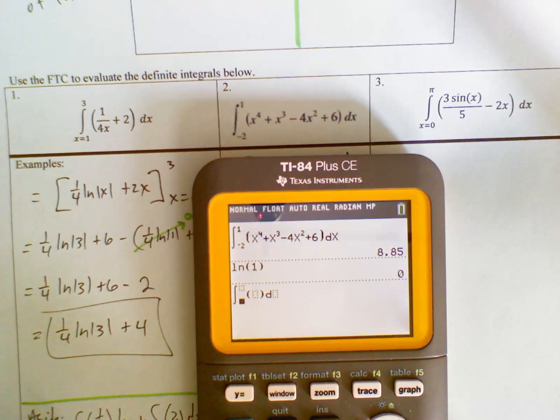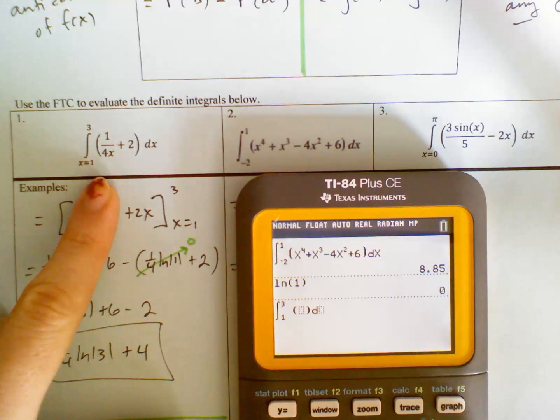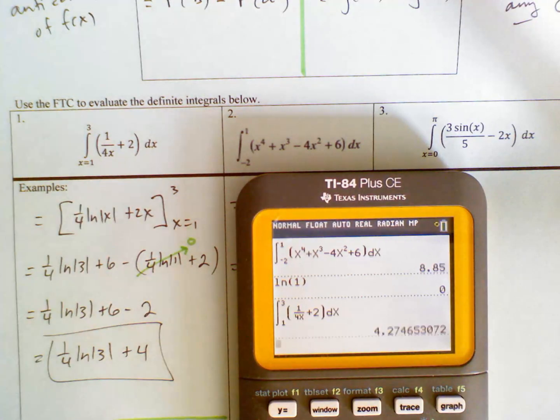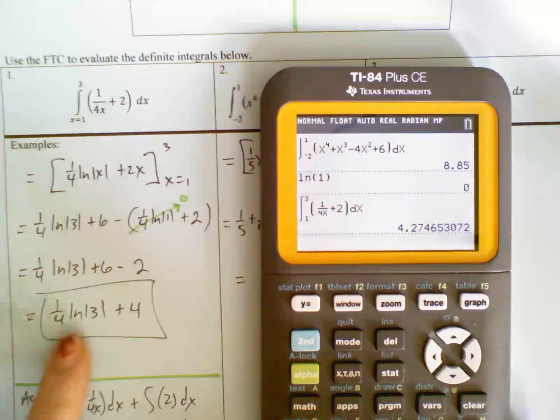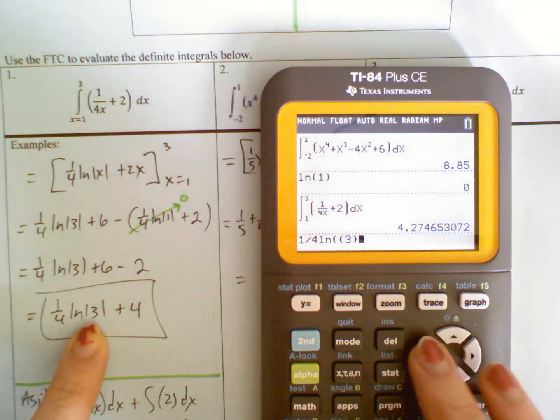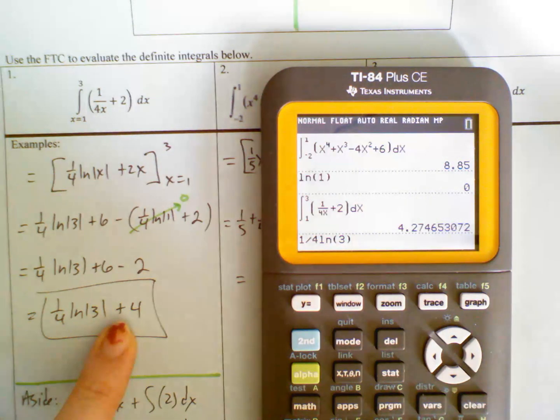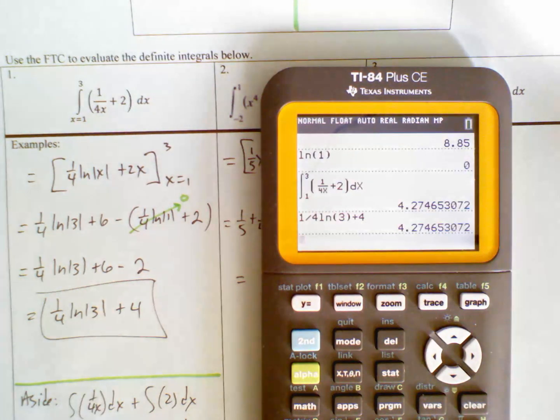I plug in this original from 1 to 3, 1/4x plus 2, and see if it's the same. A 4th natural log of 3, I don't need the absolute values. You could use them, but I don't need them because 3 is already positive. Plus 4. Yep, it's the same. We did it.